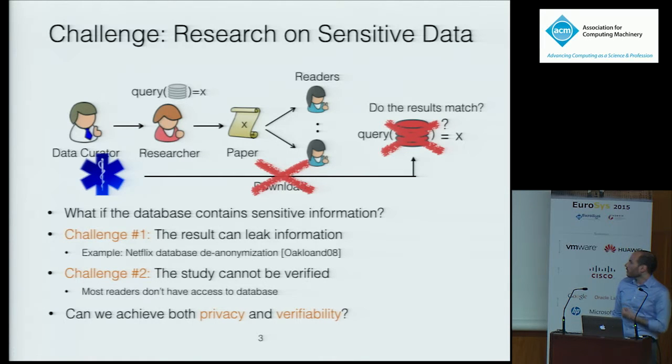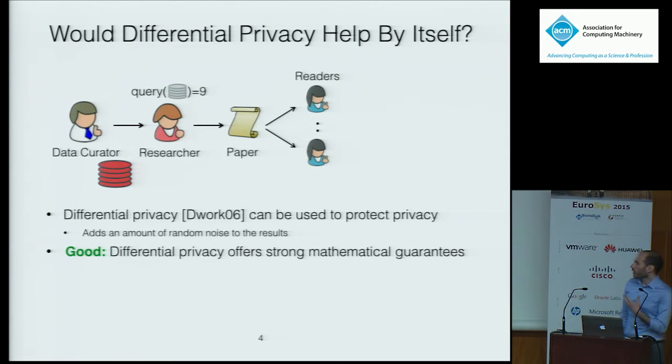So these two challenges are conflicting with each other because, as you can see, the first challenge requires hiding information, whereas the second challenge requires revealing information. So it's natural to ask, can we ever have both privacy and verifiability? And one possible approach to get privacy guarantees is to use differential privacy.